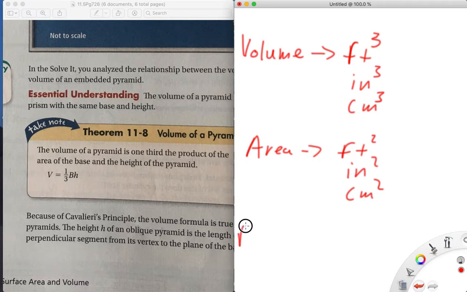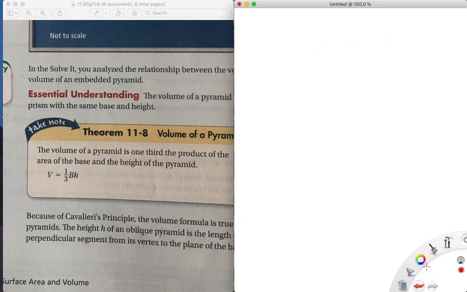When we talk about perimeter or circumference, the units are always to the first power. So in this particular case, we're dealing with volume, so our units are going to be cubed.